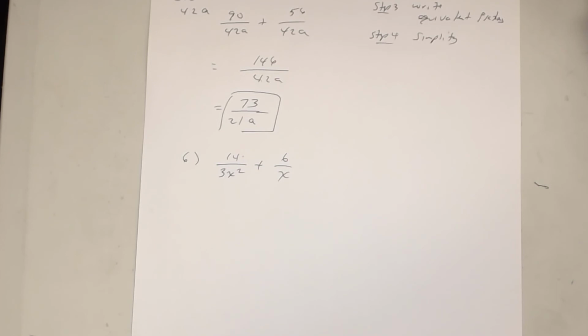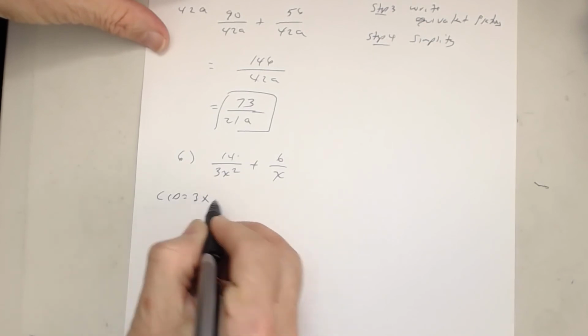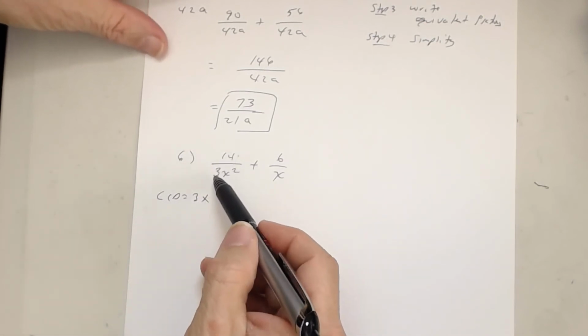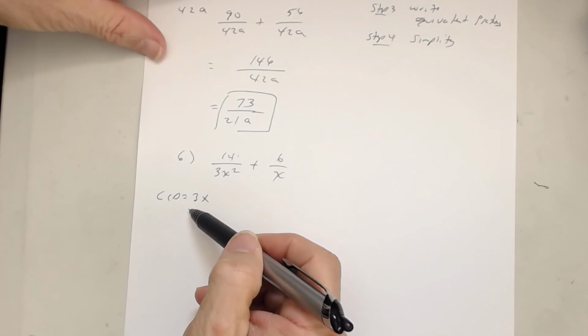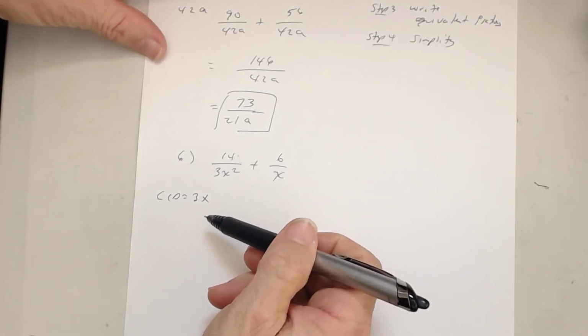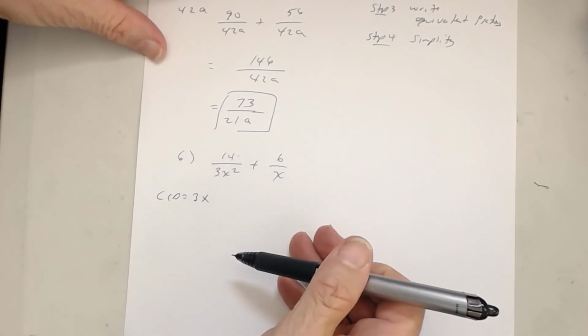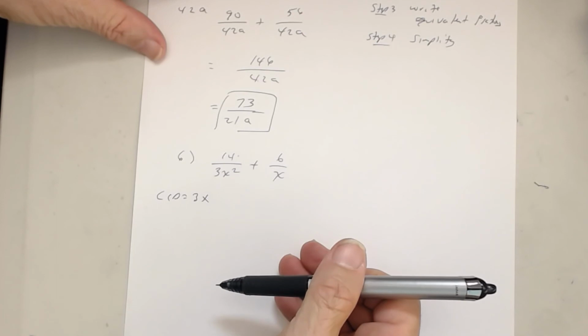3x squared. Not 3x. See, if you said 3x, you need to ask yourself, first of all, does 3 go into 3? Yes. Does x squared go into x? No. We talked about that last class period.